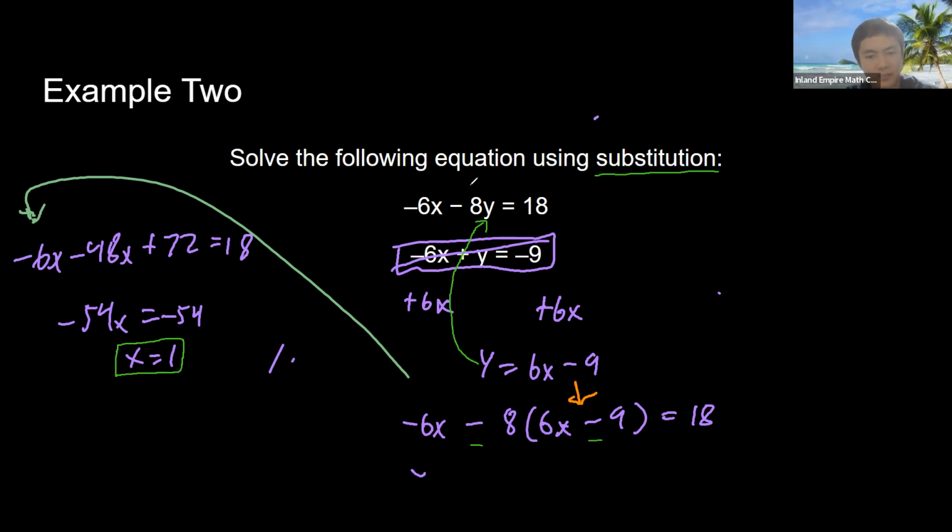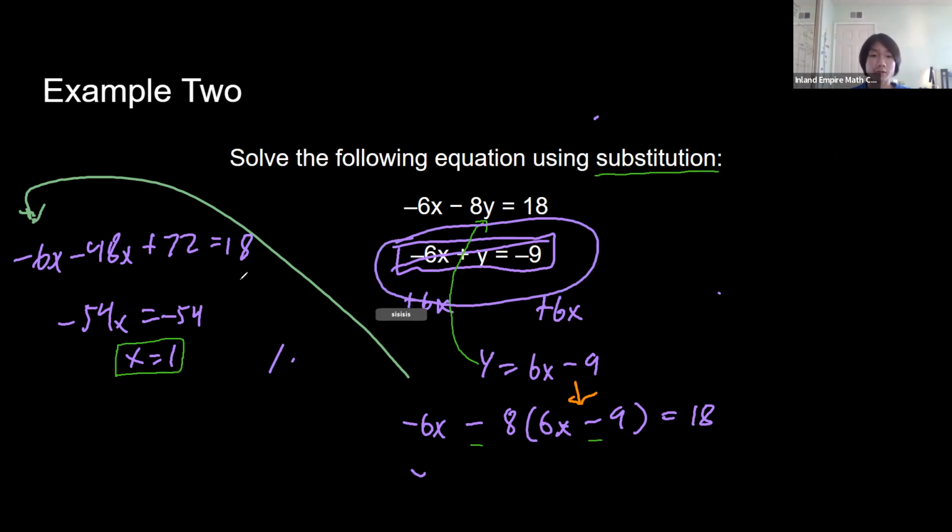Right, Kevin? Kevin, how would we find y if x equals 1? You can go back to when we solved this first equation down here. Remember how we already defined y?